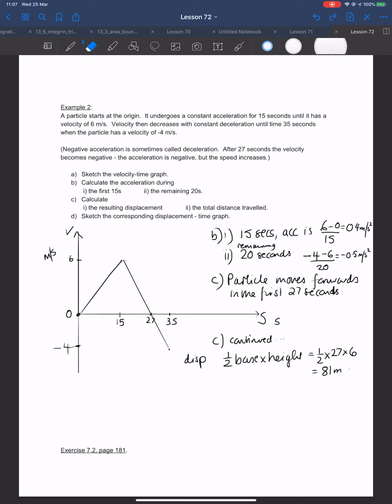Okay, the total distance travelled. So it's the 81 meters, and then in the going backwards, so this is C part 1.